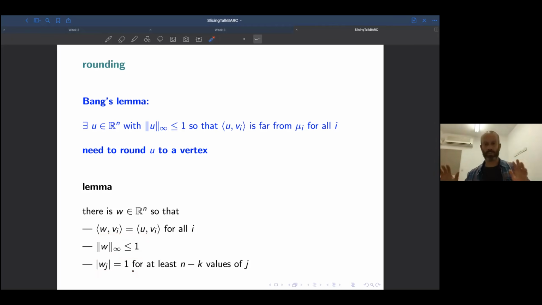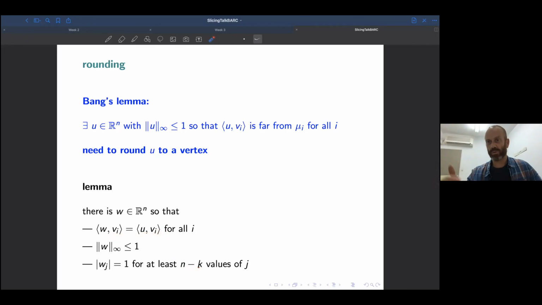Most of the coordinates are 1 or -1, and maybe some of them are between 1 and -1, but very few, like square root of n or some other number. Okay, so this is just linear algebra because these are k constraints. So we have n minus k degrees of freedom.